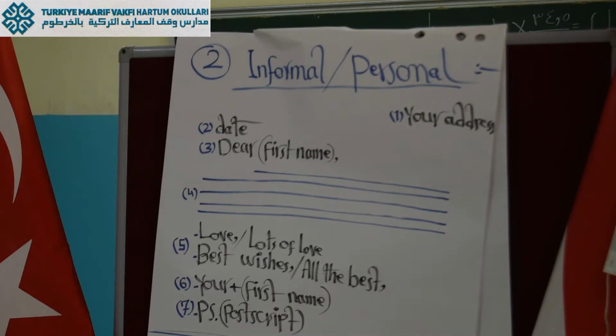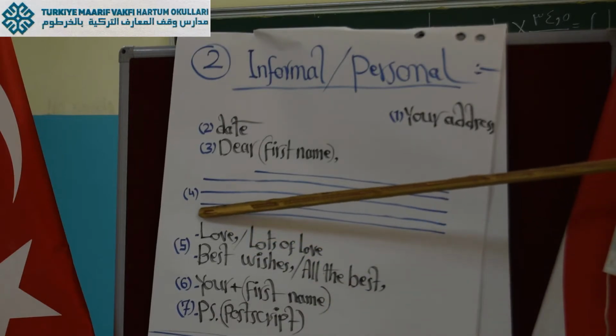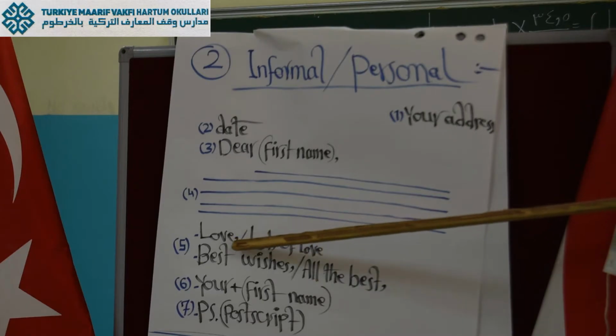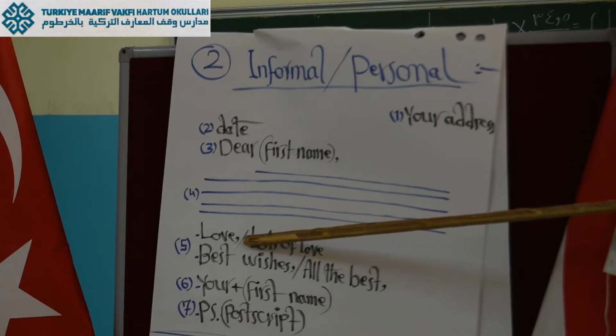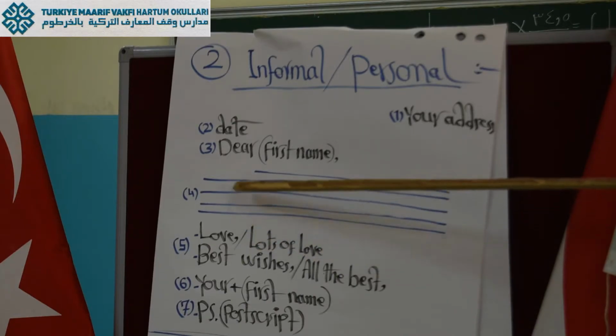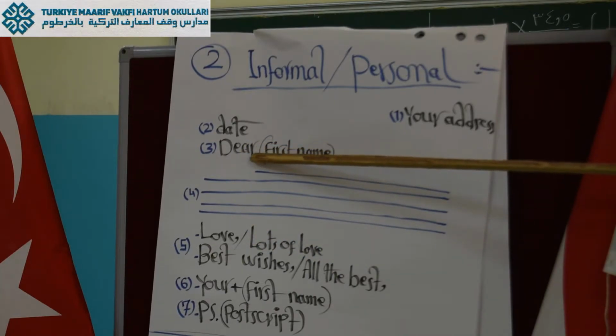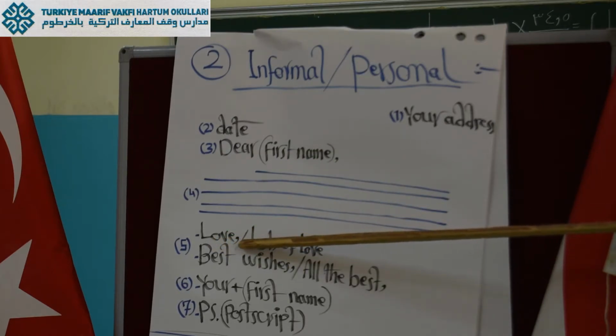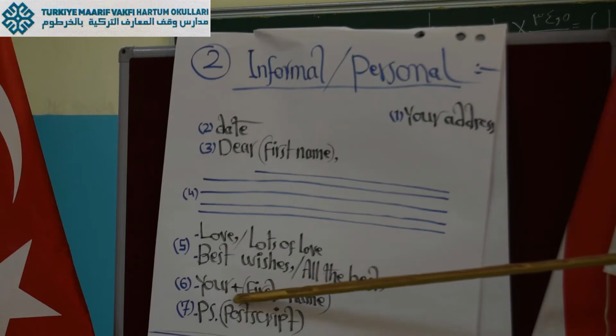Let us come to number 5. The part number 5, when you finish the purpose of your letter, you just conclude. And this, we call it subscription. And this subscription, if the receiver is your relative or intimate friend, you end your letter with love, and then write your name.